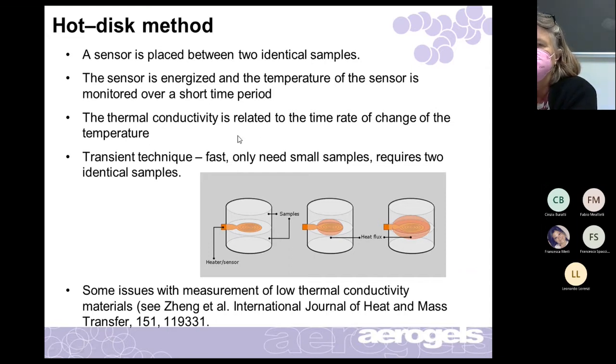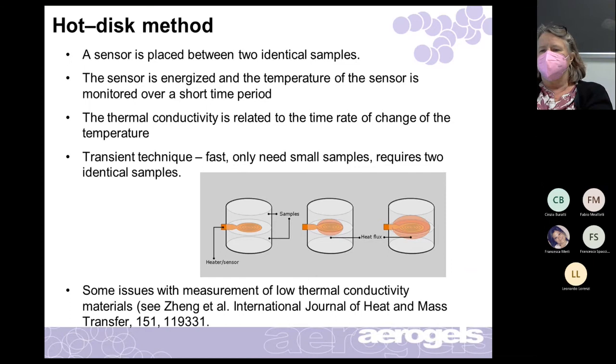As this sensor is heated, the energy penetrates into your samples. Just like the other transient techniques, the thermal conductivity is related to the material around it.